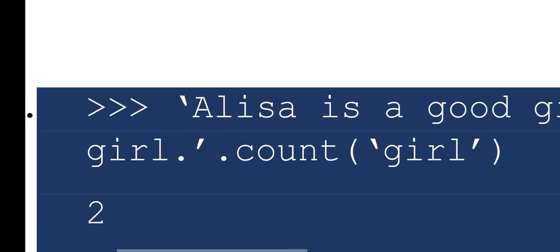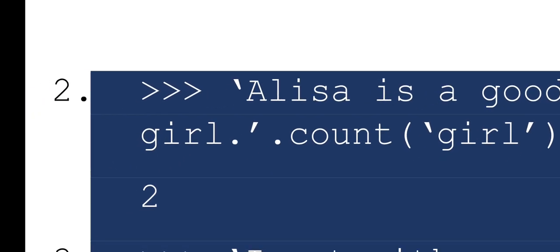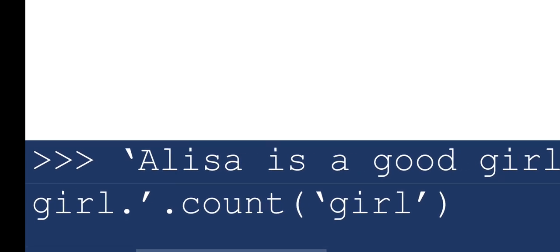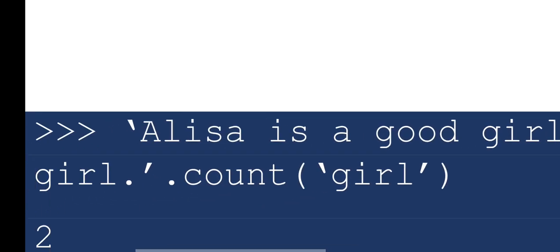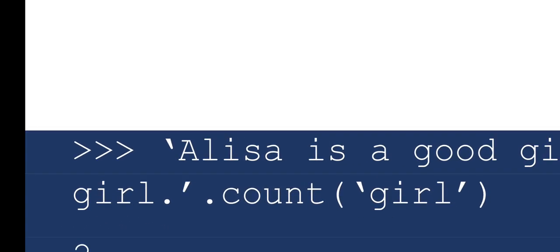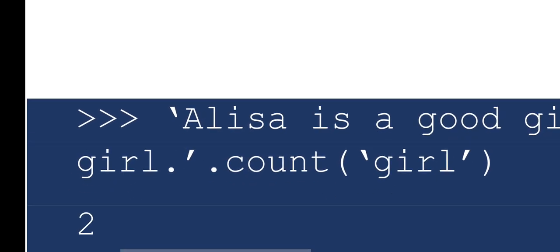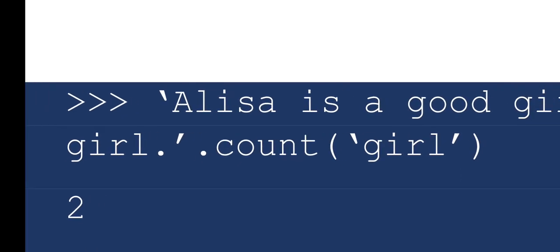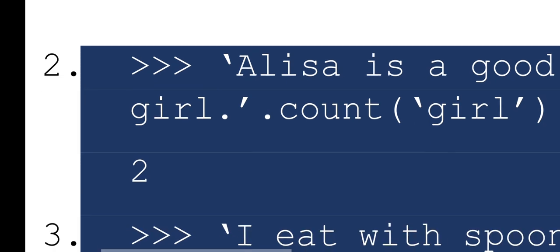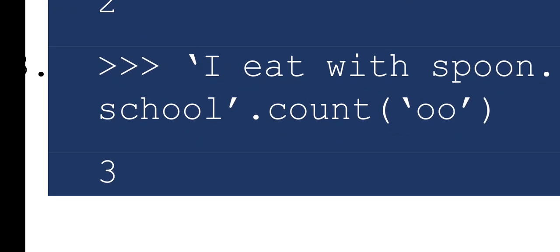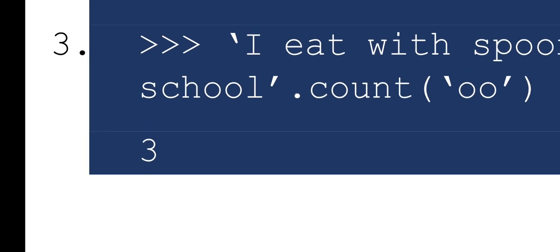The output is 2. If you can see in this text, Alisa is a good girl, Rumaisa is a smart girl, there are 2 girls. The word girl appears 2 times in the text, as confirmed by the output given by the computer.